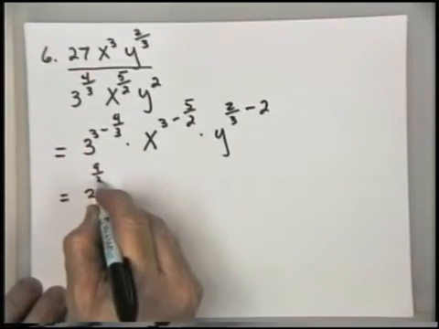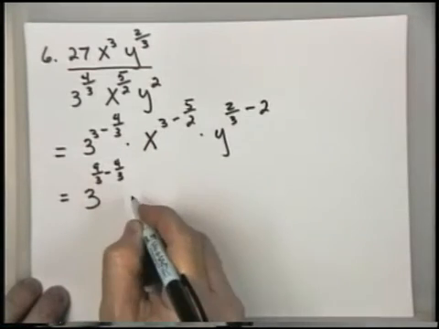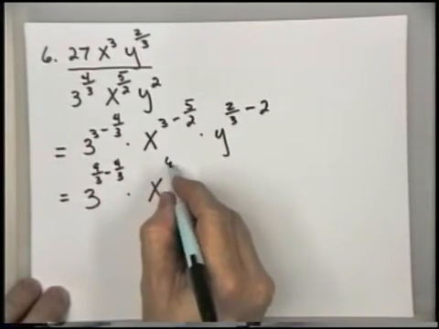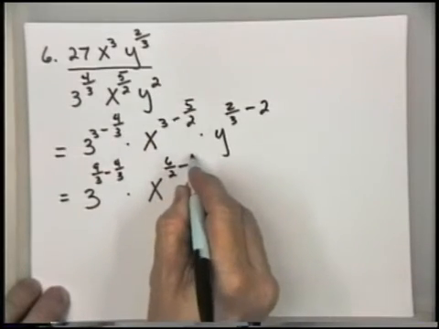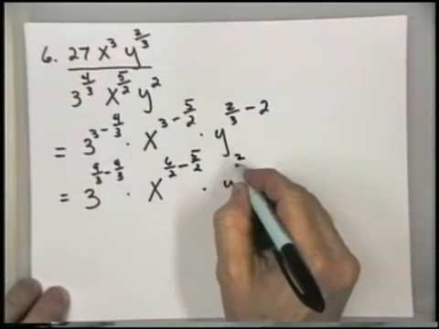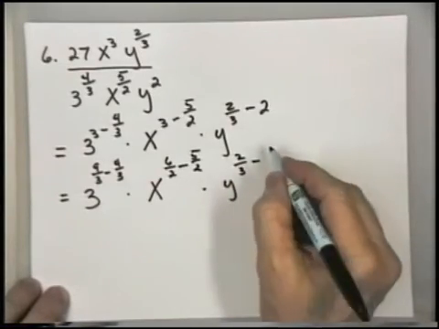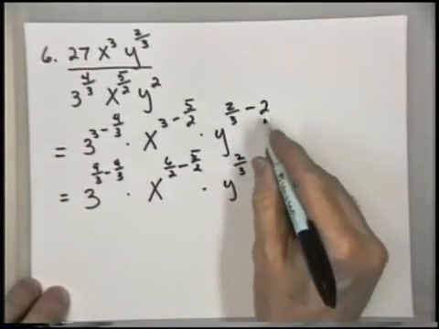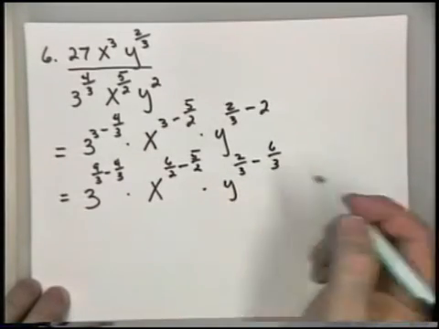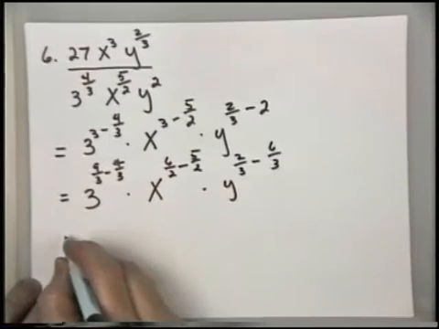So let's rewrite this. Changing to thirds, this is 9/3 minus 4/3. Changing this to halves, that would be 6/2 minus 5/2. Changing this to thirds, that'd be 2/3 minus 6/3.